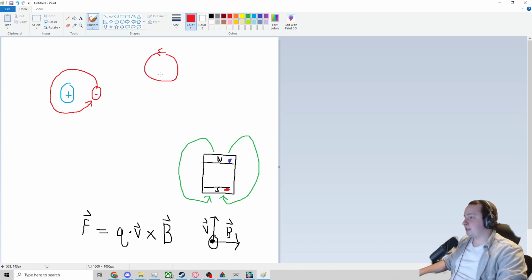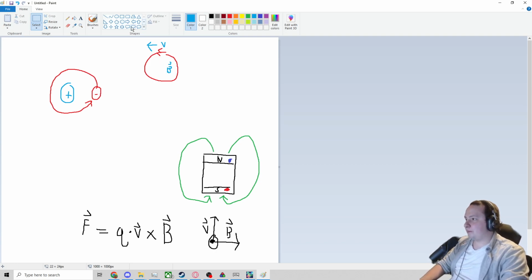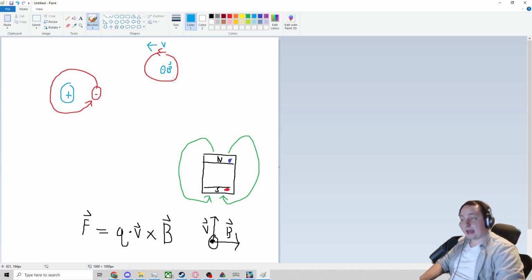Basically what happens is that there is a magnetic field that points exactly outward. So this would be the magnetic field in the center. Velocity is going this way, for example. So, hold on, let me just get this. Magnetic field will point outwards.